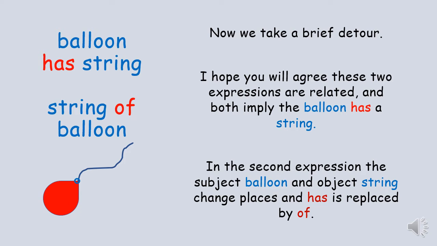Now we need to take a brief detour. If you look at the 2 expressions, balloon has string and string of balloon, I hope you'll agree that these 2 expressions are related and both imply the balloon has a string. In the second expression, the subject balloon and the object string change places and has is replaced by of.